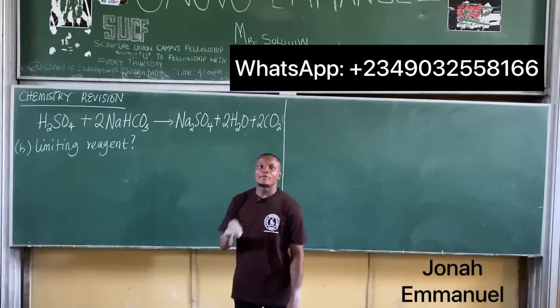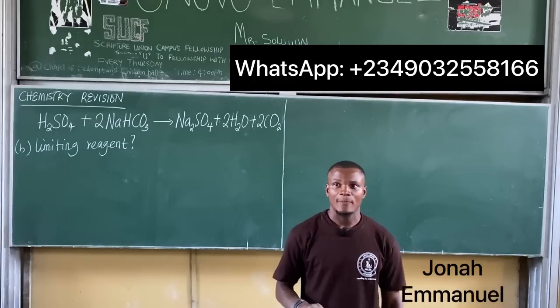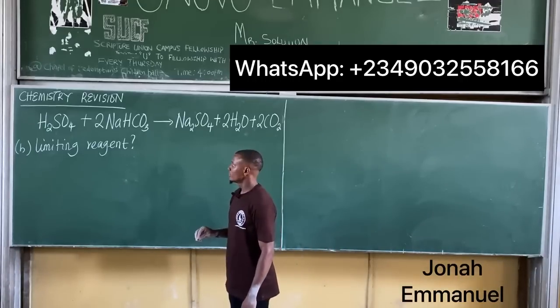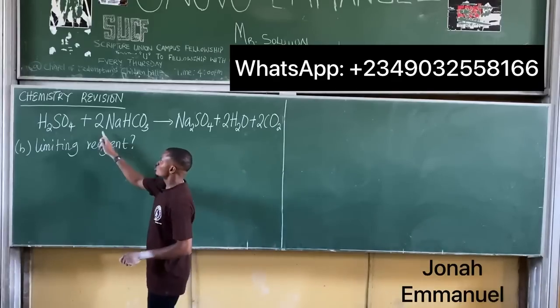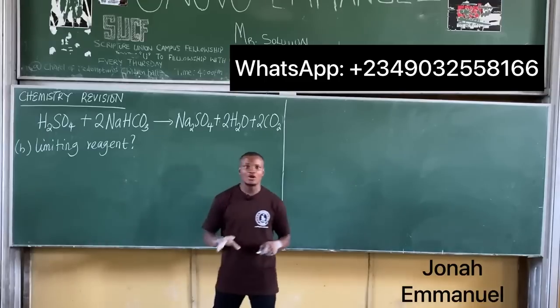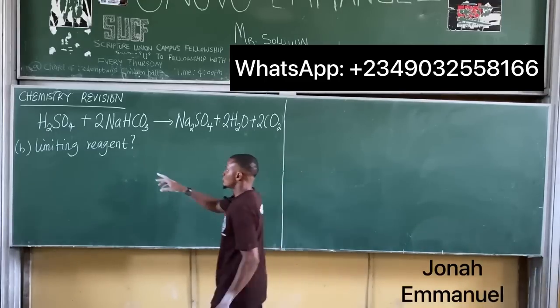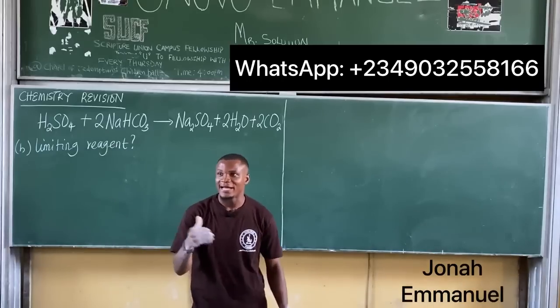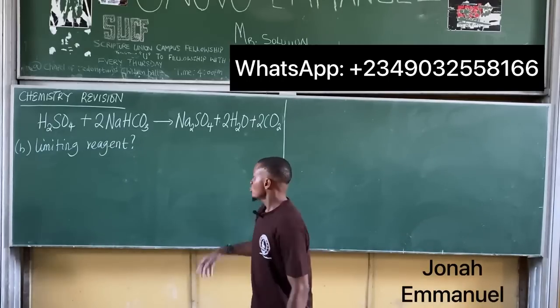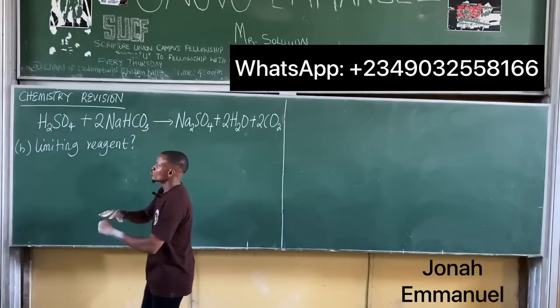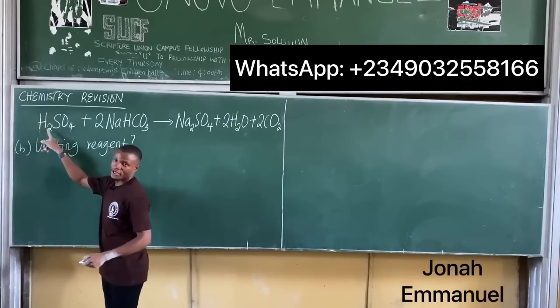From the balanced equation of the reaction, 2 moles of NaHCO3. No one should use 2 as a mole and as a volume. 2 moles of NaHCO3 are required to neutralize 1 mole of H2SO4.